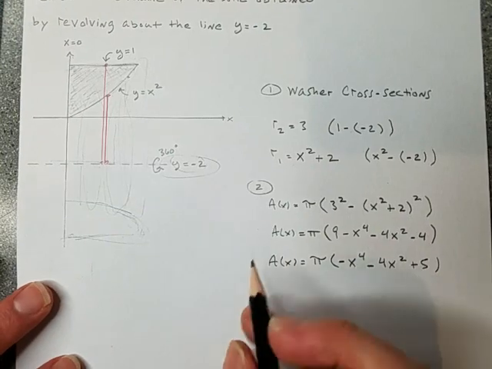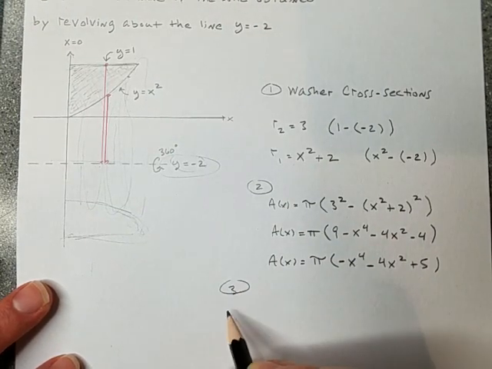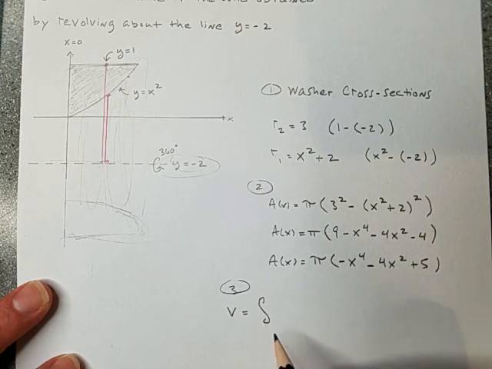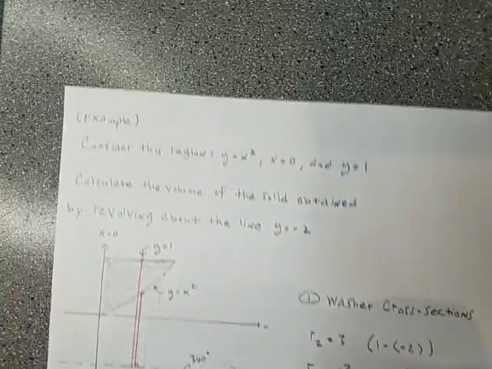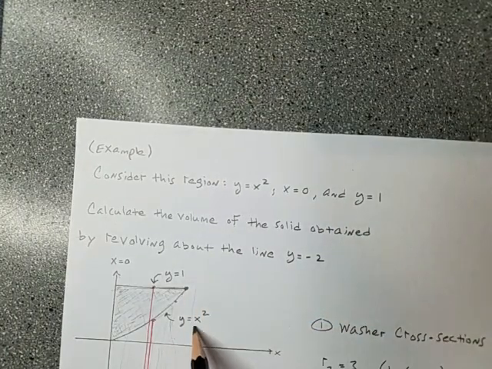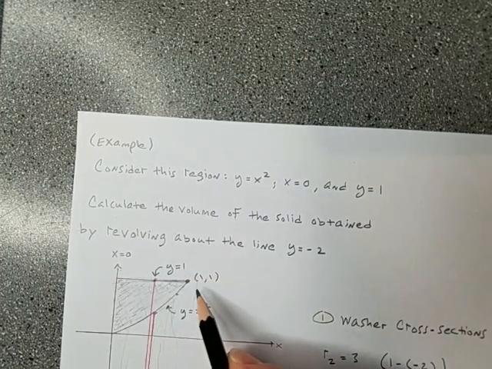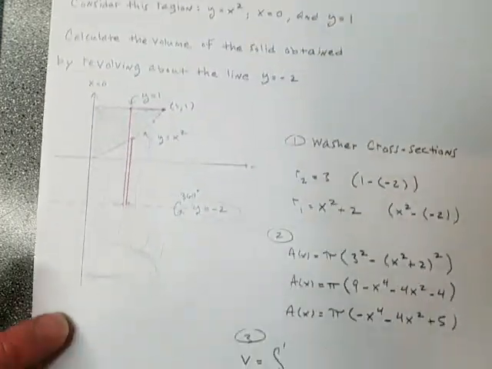Okay, so if you want the volume of this, then find the definite integral from 0 to 1. Why 0 to 1? These two things, x squared and y equals 1, happen to intersect each other at the point (1, 1).